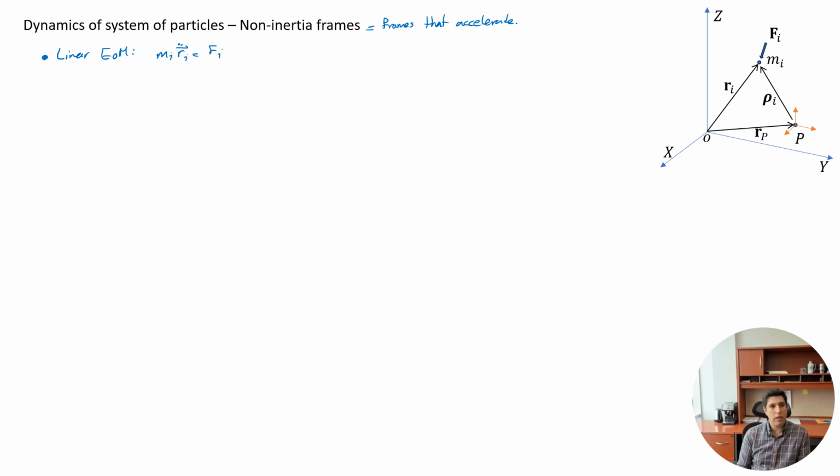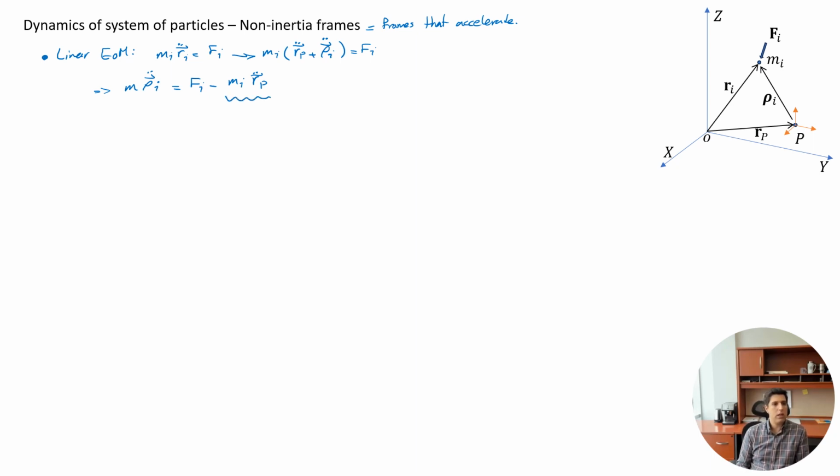But if we are writing this equation from a perspective of an observer in frame that moves with P, I can write it as m_i (r double dot_P plus rho double dot_i) equals F_i, or m_i rho double dot_i, what the acceleration that the observer sees, is F_i minus m_i r double dot_P, the acceleration of the point of the observer itself.